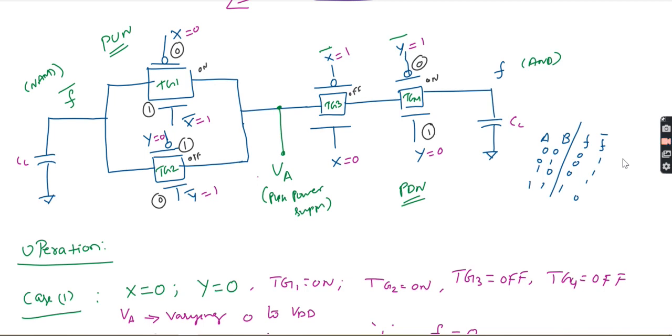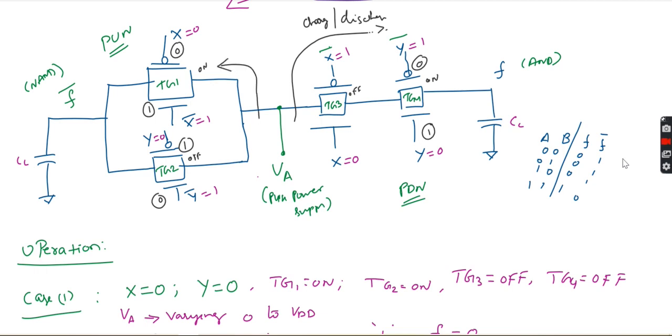Even though this is on, there is no direct path to discharge from VDD. The discharge path is this.